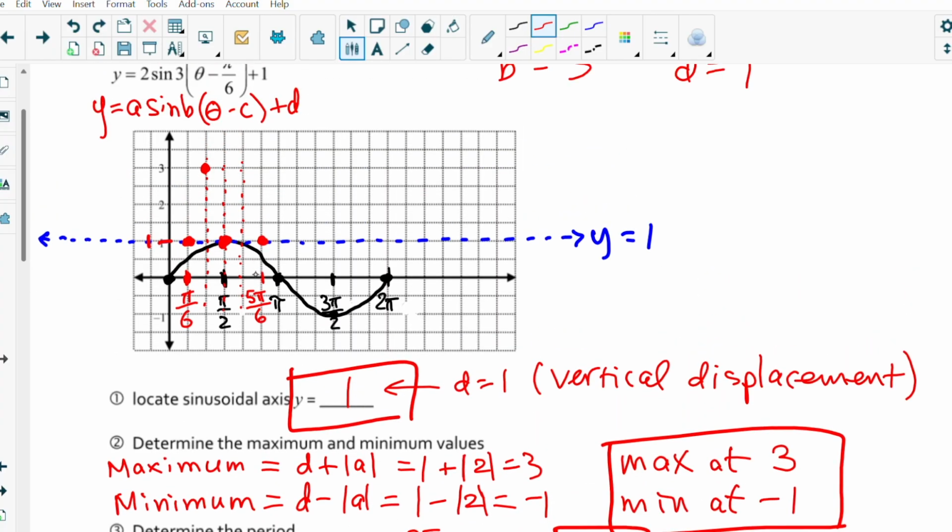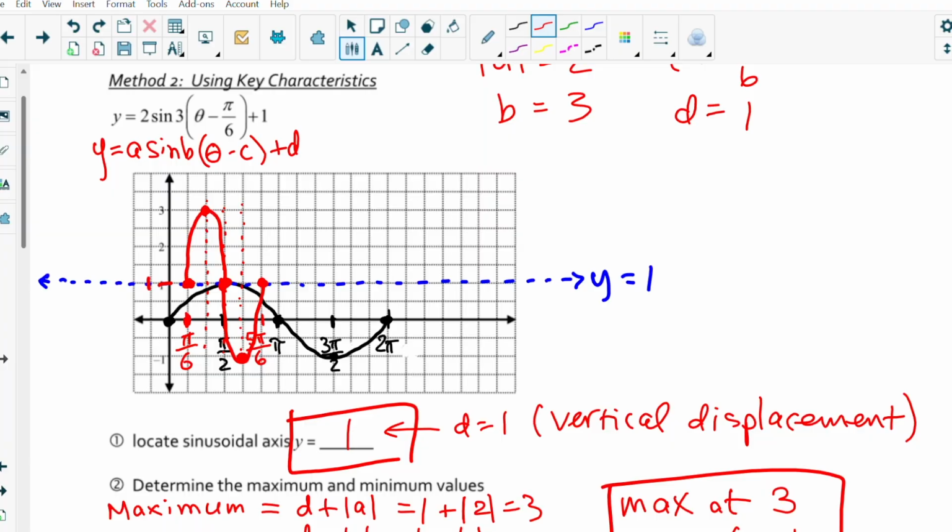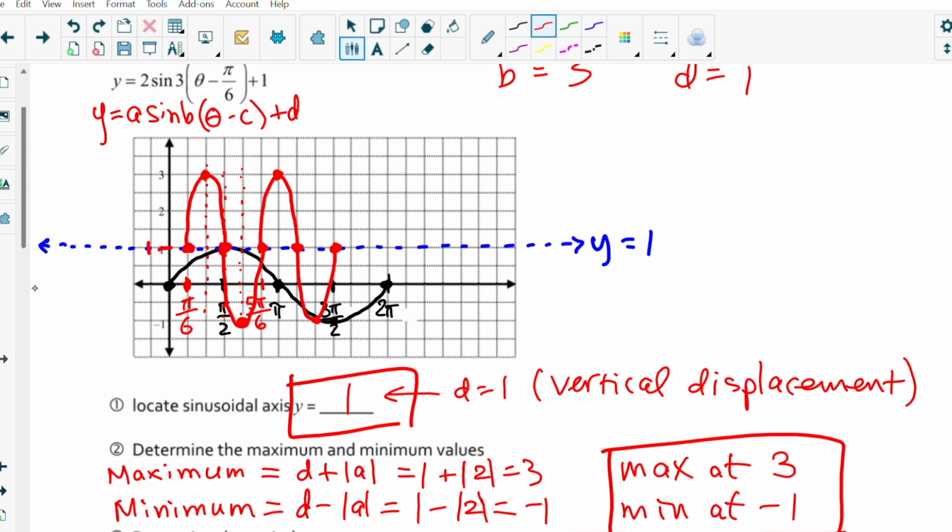So pi over 6, 2 pi over 6, 3 pi over 6, 4 pi over 6, and then negative 1 down here. And then join it with a smooth curve like this. Okay, and that's how we graph this with key characteristics. And then you can just repeat the curve over and over again for 2 complete cycles. Okay, there we go.